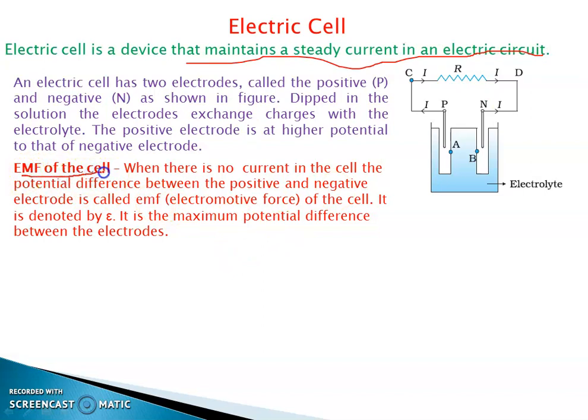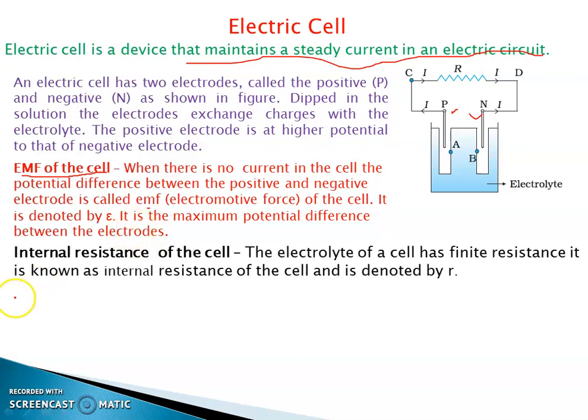EMF means electromotive force. When a cell is in open circuit, it means the cell is not used. If it is in open circuit, the maximum potential difference between electrodes is called EMF, right? When there is no current, then the potential difference between positive and negative electrode is EMF, right? It means EMF is the maximum potential difference between electrodes.